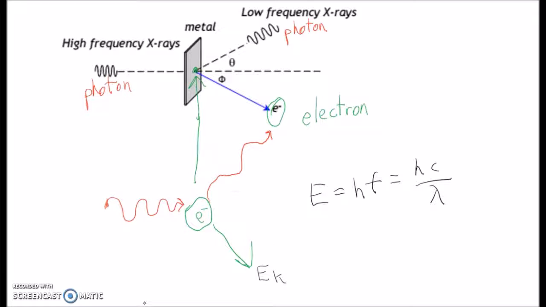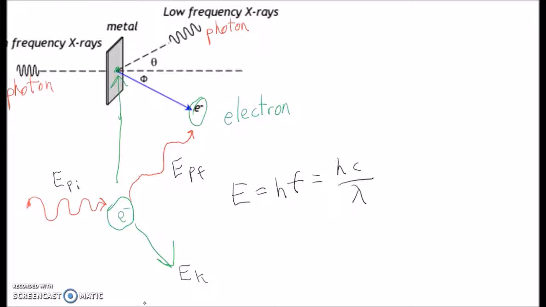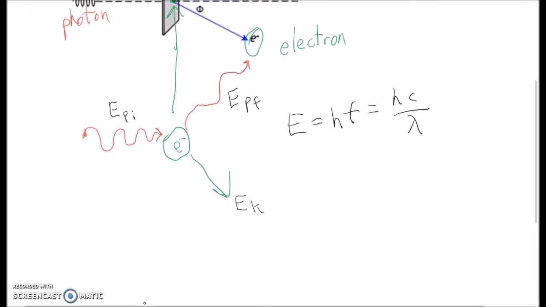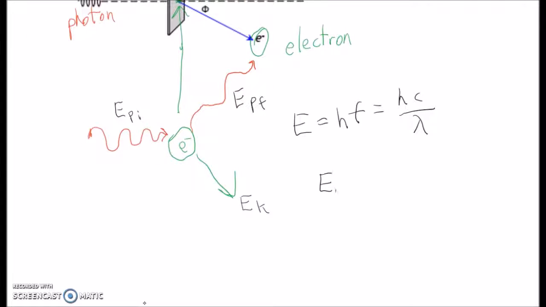I'm going to call this energy photon in, energy photon out, maybe final. So we know that the energy of the photon in has to be greater than the energy of the photon final.